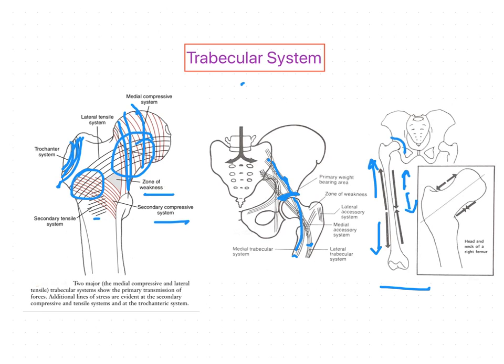Why? Because if you see the angle of inclination when comparing men and females, due to the orientation of the pelvis, the female angle of inclination is less when compared to men. So if the angle of inclination is less, there is a chance of more contact with the acetabulum.